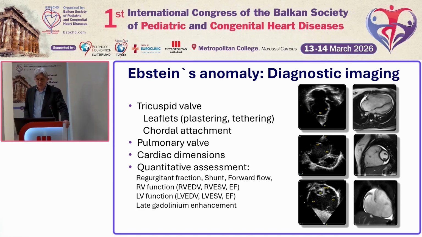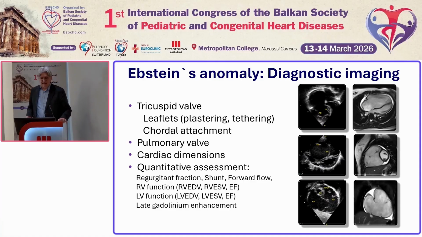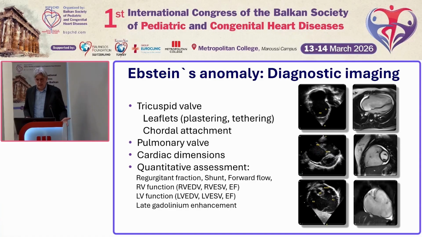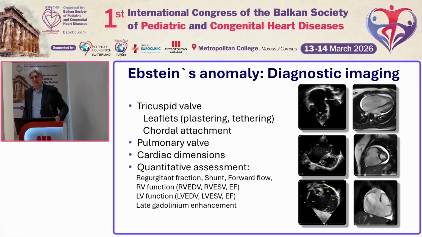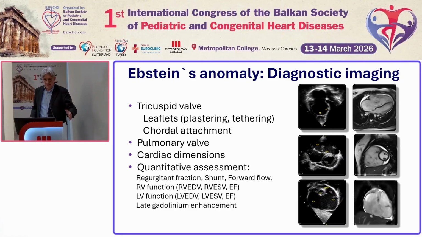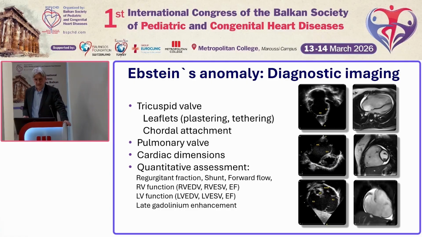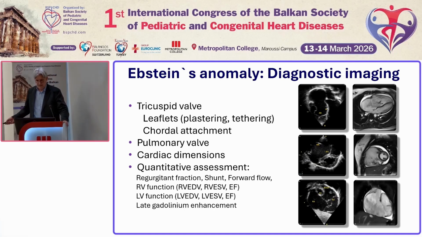For imaging, we routinely use echocardiography and MRI. I'm sure we will hear more about the MRI. These are the main projections. We love the subcostal view to look at the rotation of the anterior superior leaflet, then the four-chamber view and short axis view. Then we have the functional assessment of the right ventricle myocardium and left ventricle myocardium.